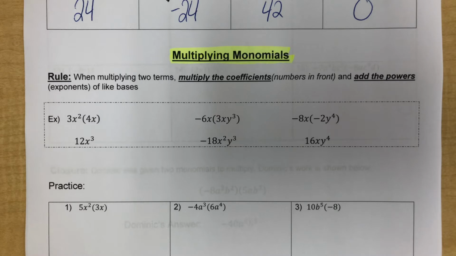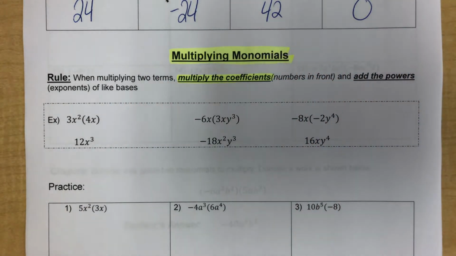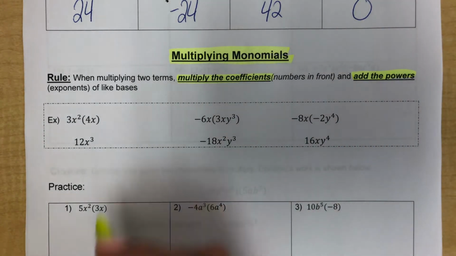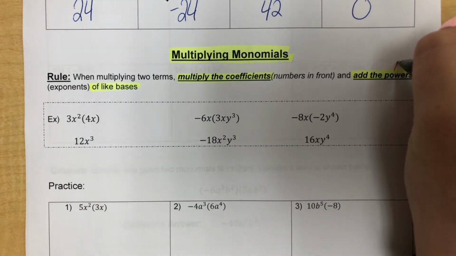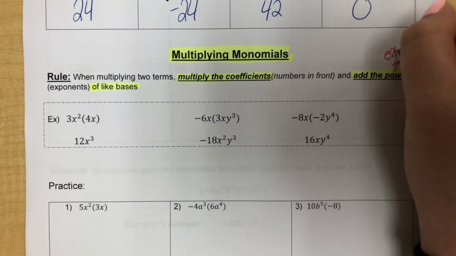So let's look at that for multiplying monomials. The rule says that when you're multiplying two terms, you're going to multiply the coefficients, but you're going to add the powers of like bases. All right, let's talk about what that means for a quick moment. So when it says add the powers, it's really referring to adding the exponents.